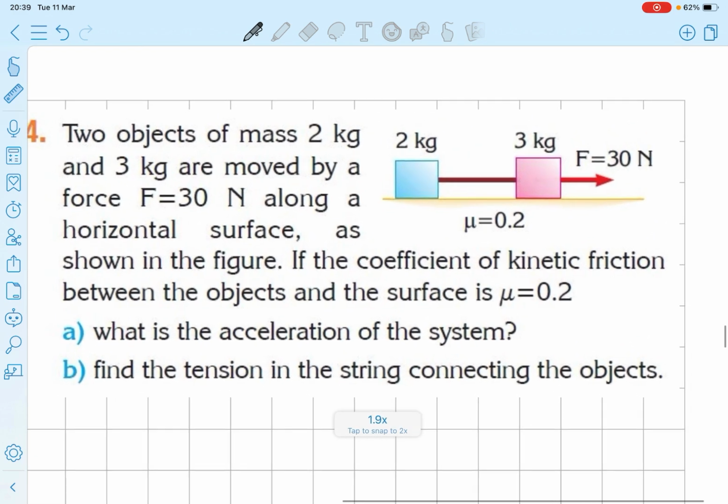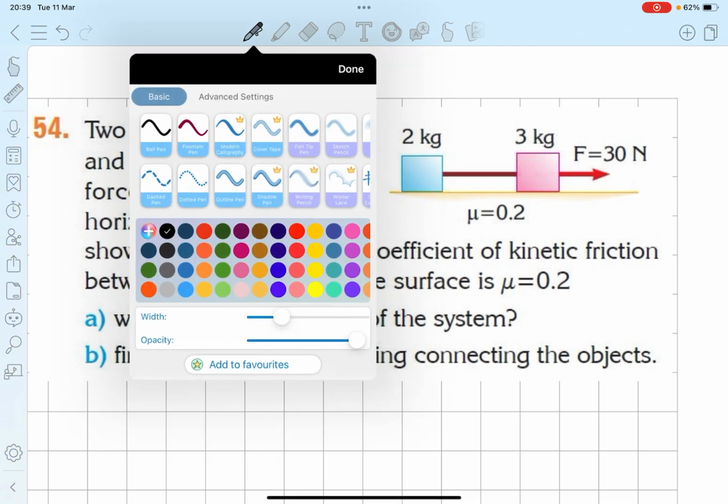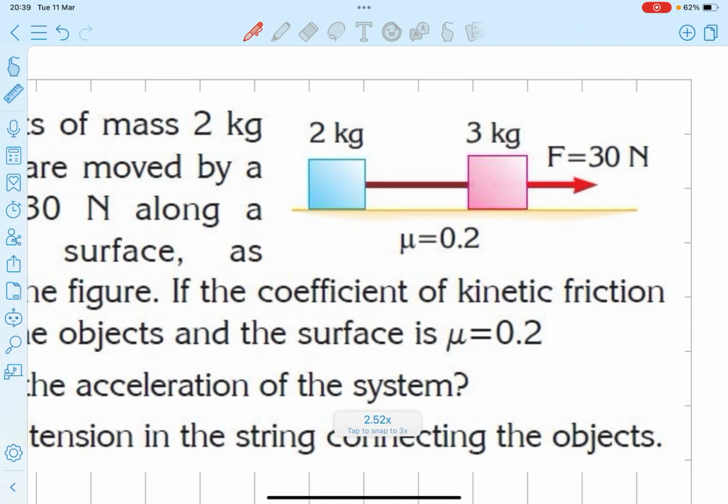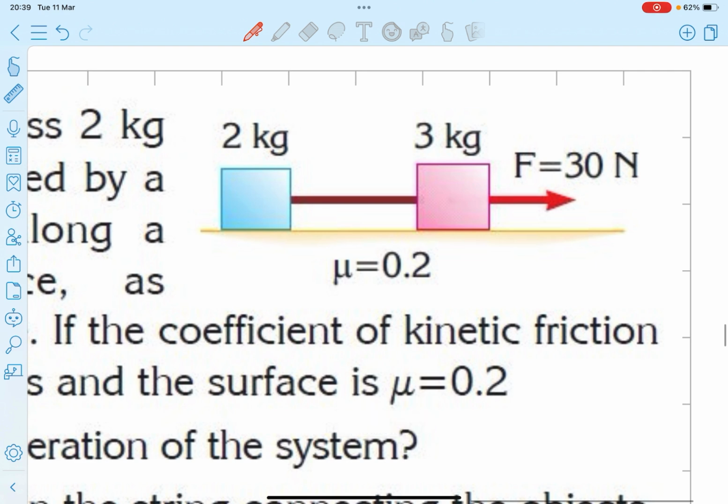So here, firstly, we will define all the forces. I will draw it here directly. Downwards, this one is pulled by mg. This one is also pulled by mg. I will write it as different masses later, but just for now.